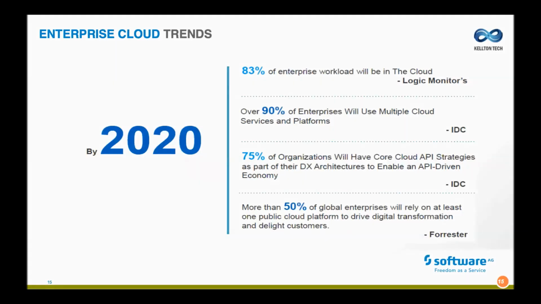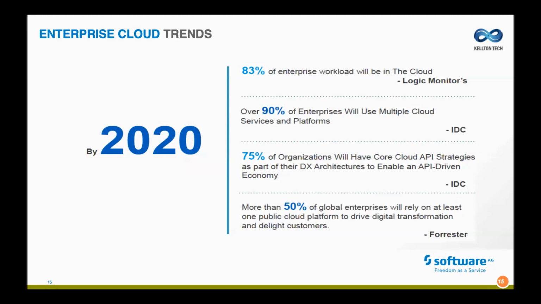Now, the trend that we have seen in most other IT organizations, especially enterprises, is 83% of the enterprise workload will be in the cloud. 90% of the enterprises will use multi-cloud. That's more important. The aspect of being able to leverage multiple clouds: maybe your databases will be in Amazon S3, while your new age application development will be in Azure.